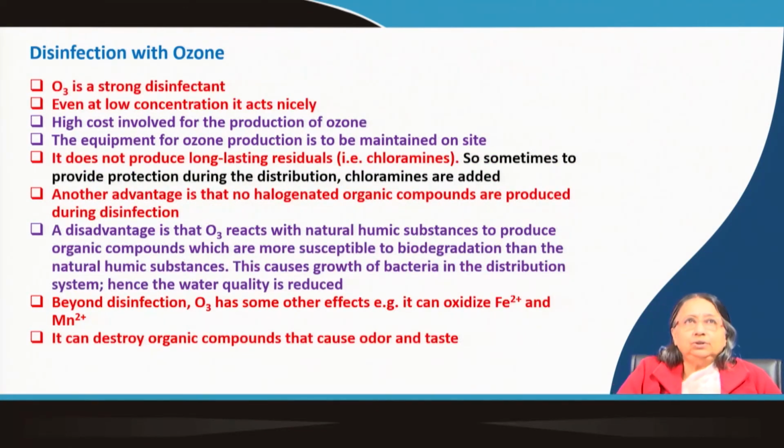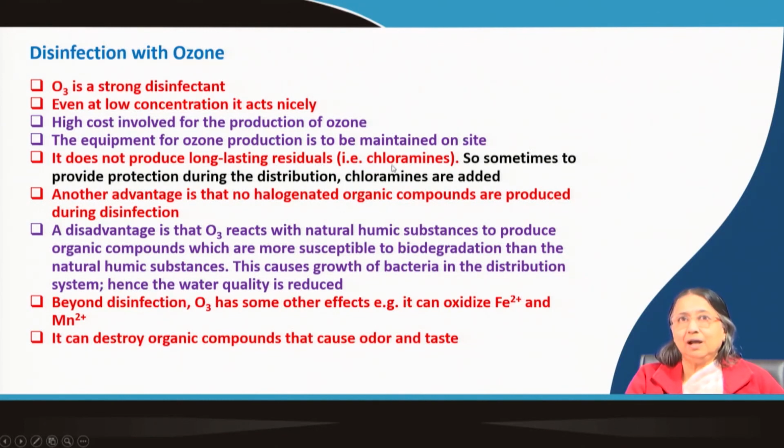Now, disinfection with ozone. Ozone is also widely used nowadays in advanced countries. It is a very strong disinfectant, even at low concentration it acts nicely. High cost, because ozone production is very difficult. The equipment required for ozone production has to be maintained on the site itself. So, again a problem. It does not produce a long lasting residual.